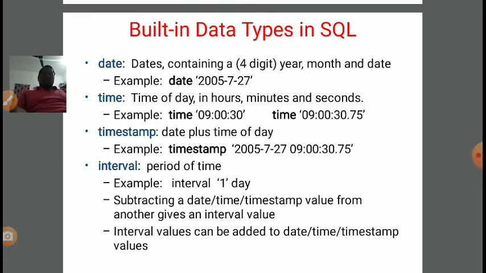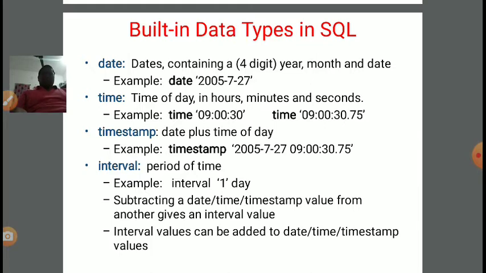If we combine both, then it will be the timestamp keyword in single quotes, 2005 year, hyphen 7 month, hyphen 27 day, or a particular date. After that, a space, 09 for the hours, 00 for minutes and 30.75 for seconds.